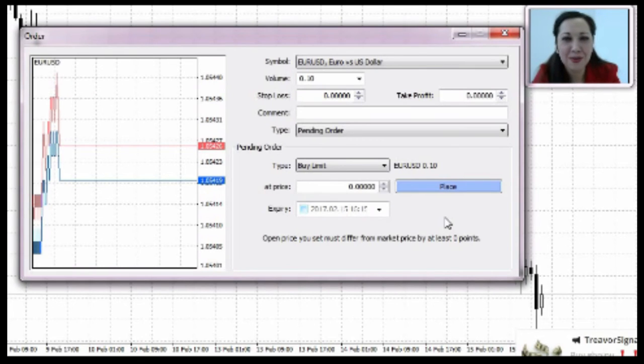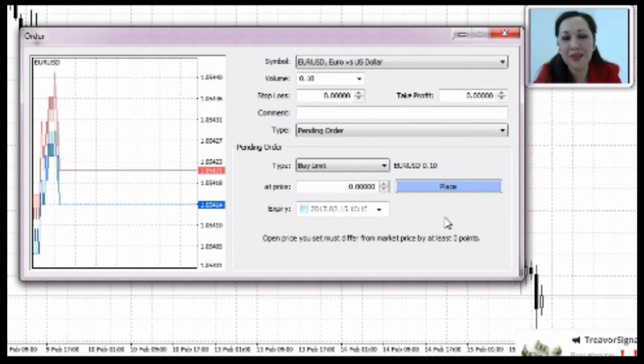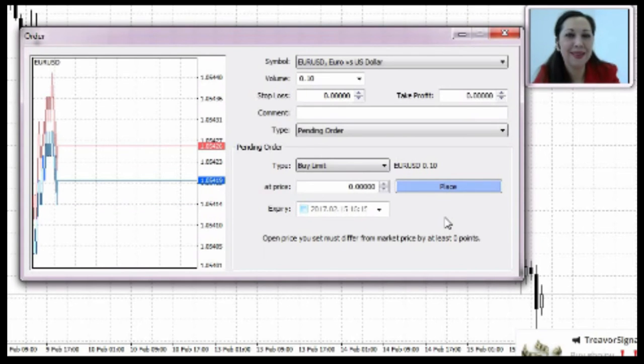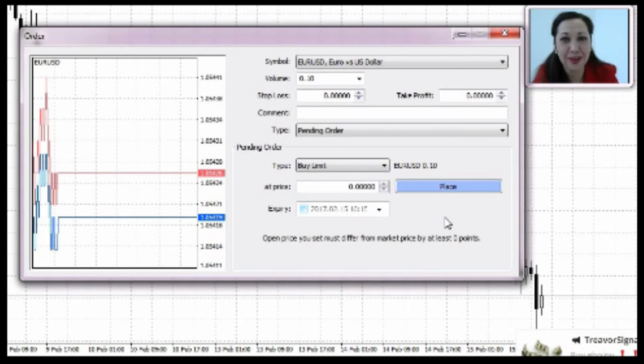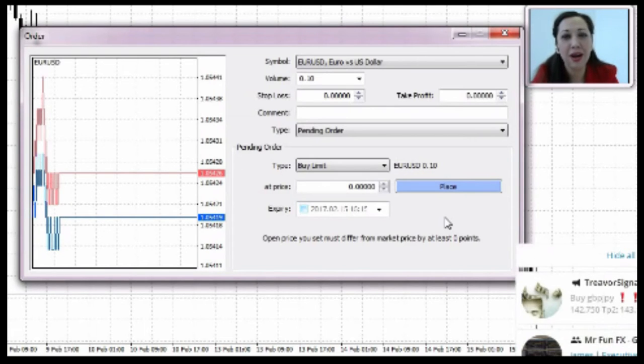I explained it. For those who only joined us now, I will explain stop loss. This is the minimization of your risk. This is the order at which the terminal, the program, will close your transaction if the risk is too high for you. You can't afford it. So you set an exact price at which your transaction will close.